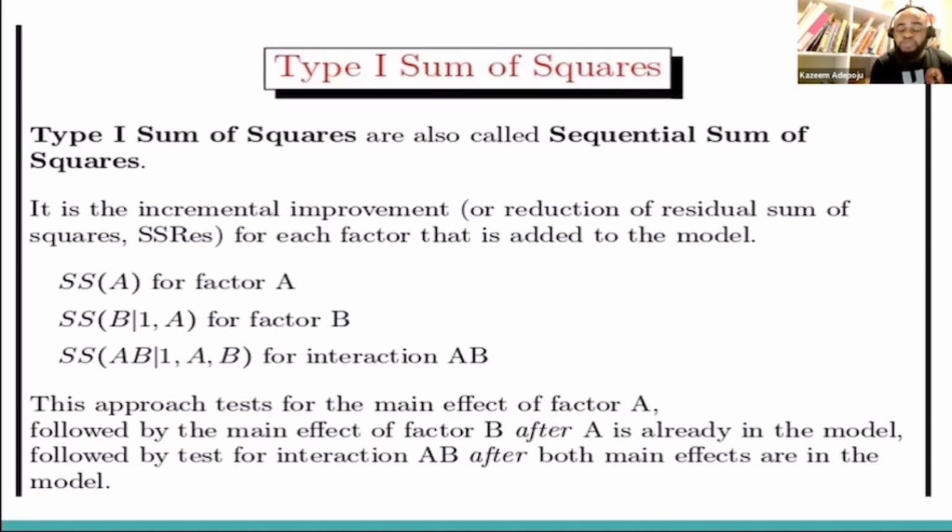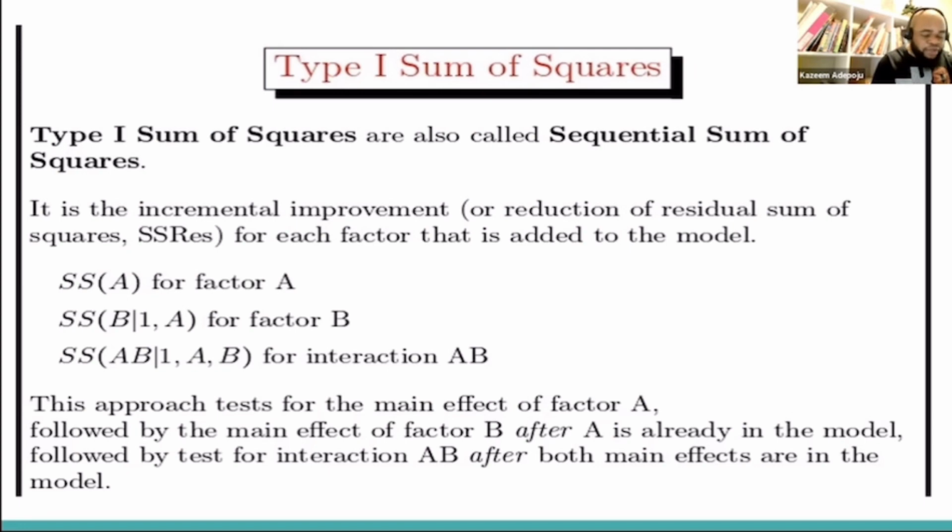But if you are working with unbalanced data, you cannot use type 1 sum of squares. In this lecture, I'm going to demonstrate the reason why you cannot do that.